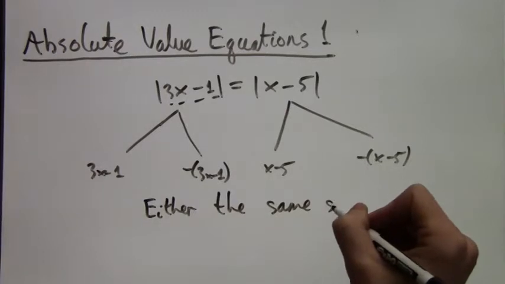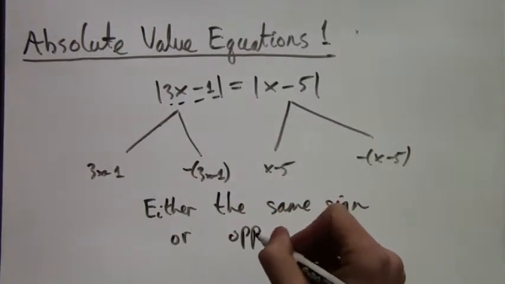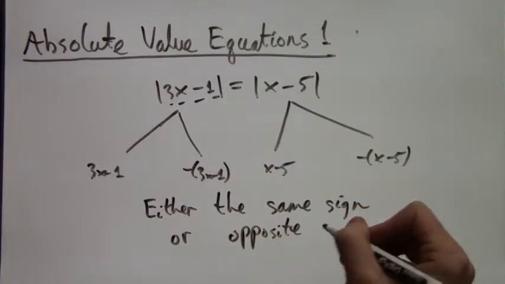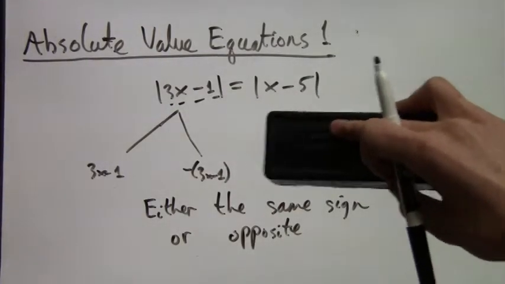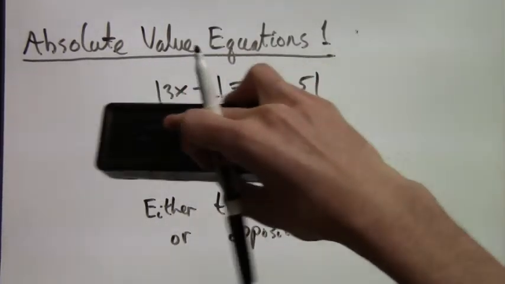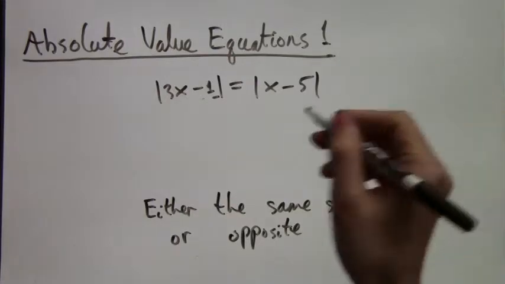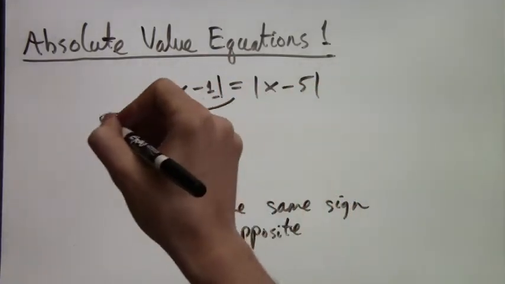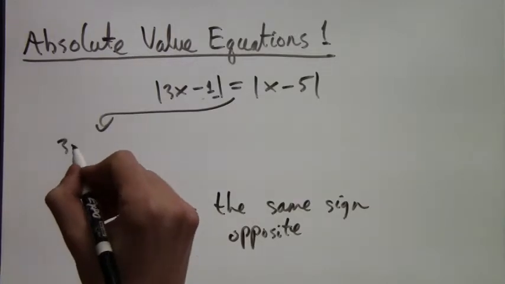These cases are, they have the same sign or they have the opposite sign. And what do I mean by this? What I mean is either we have 3x minus 1 staying the same and the x minus 5 staying the same, or if they both have a negative sign in front, then it's still the same equation.